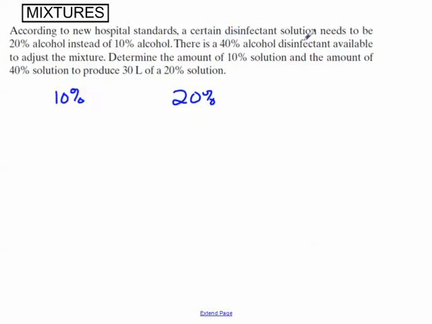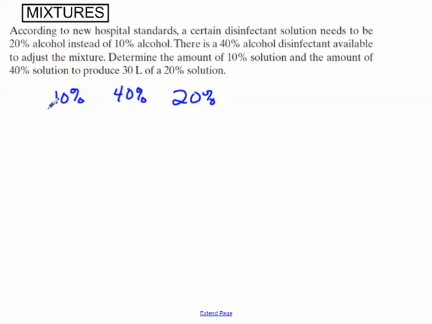So there is a 40% alcohol solution to adjust the mixture, so we're going to add some of that 40% solution to get to our 20%. I'll rephrase that. We start with some amount of 10% solution. We're going to add some amount of 40% solution to get some amount of 20% solution.